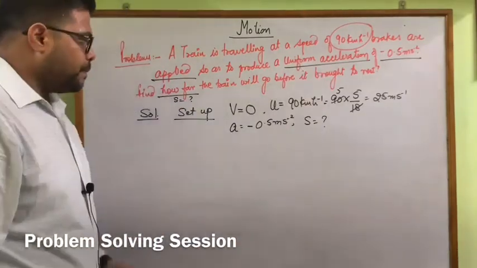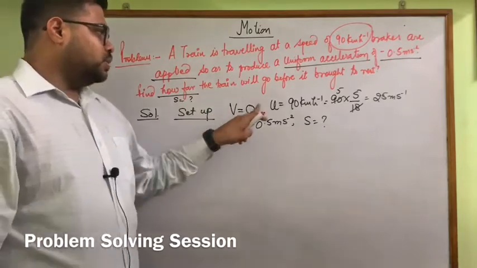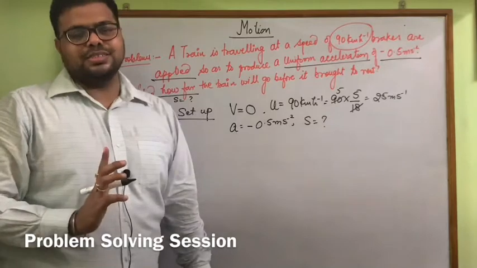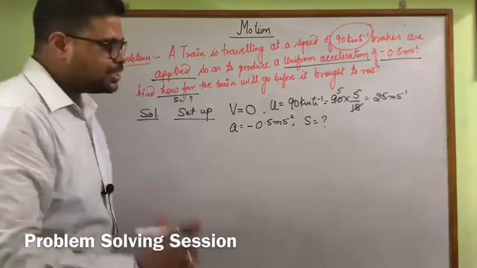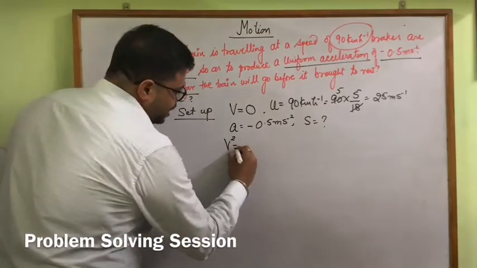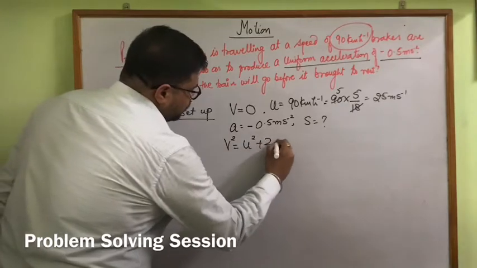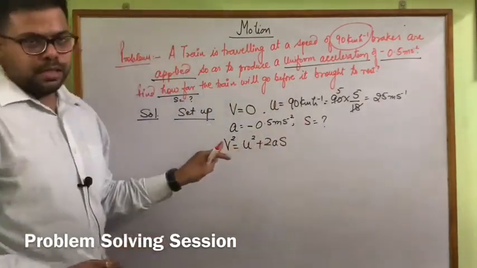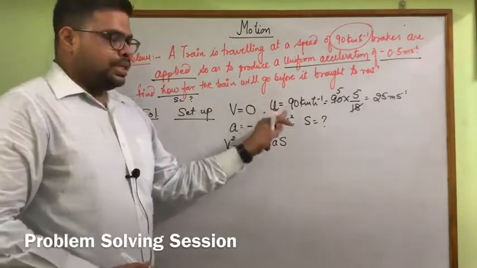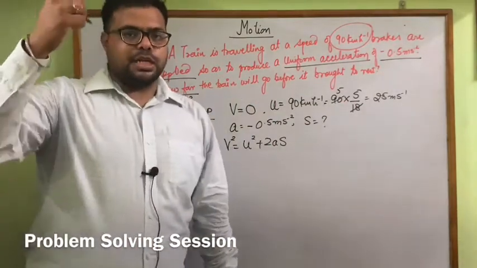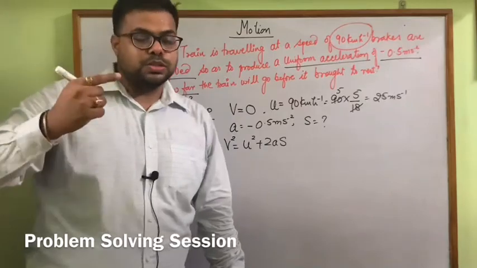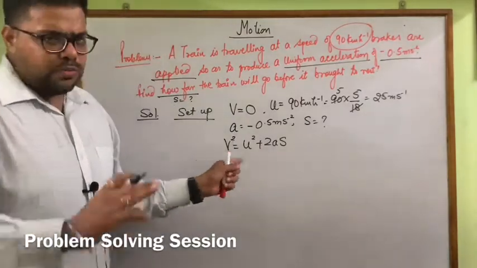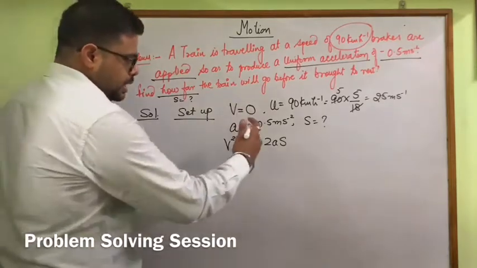Here v is there, u is there, a is there, and s is what we need. So the remaining equation is v squared equals u squared plus 2as. Why? Because of all the data I have already seen, there is no time, and the first and second equations need time. Time is not mentioned, so we can't use them. We just apply all this data in this equation.